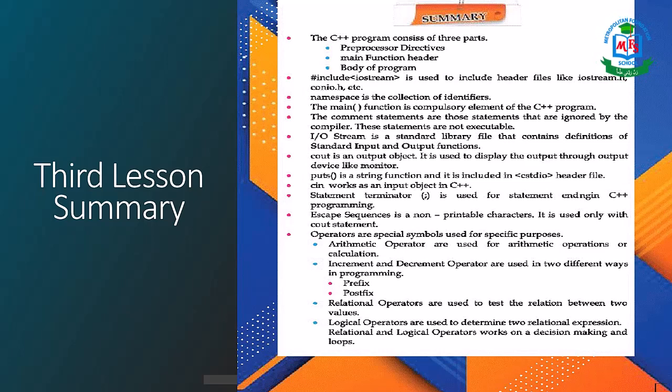Puts with round brackets is a string function and it is included in the cstdio header file. Cin works as the input object in C++. When the user wants to give input, at that time we use cin. Statement terminator, we know very well, is used for statement ending in C++ programming.